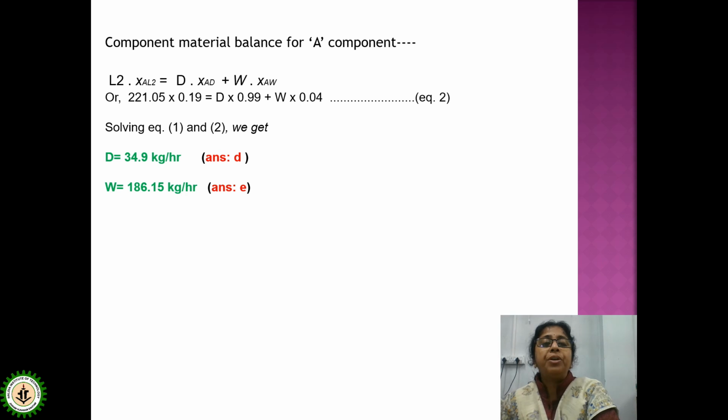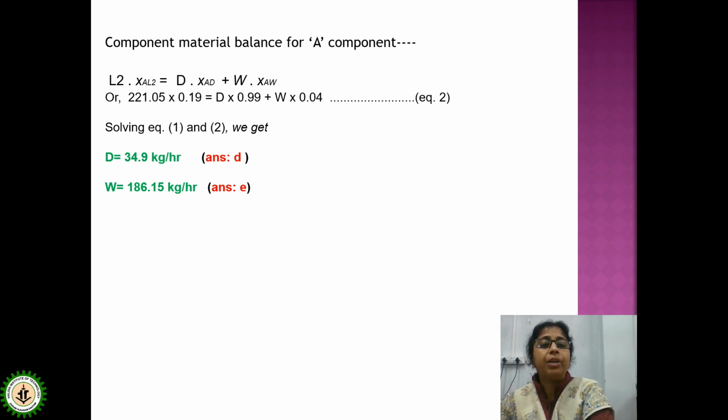Next, the component material balance for component A for the distillation column: L2 into XaL2 equals D into XaD plus W into XaW. Here L2 is known, XaL2 is given in the problem statement, and XaD and XaW are also given. So only D and W are left to determine. This is equation 2.